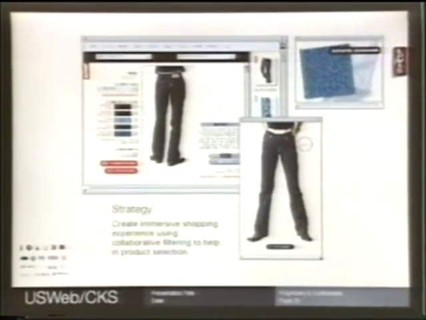One of the issues here was how do you create a great branded presence for Levi's and a great e-commerce presence? And so what we've been able to do is really create an immersive shopping experience using a lot of collaborative filtering to help the product selection. So once you go into one area, let's say you want Levi's XYZ jeans, they have tons of jean types, it will actually recommend products that are similar to that specific jean type as far as shirts and other things.